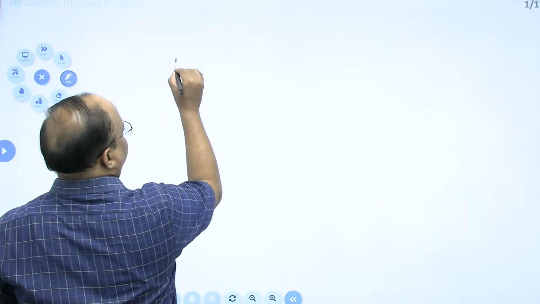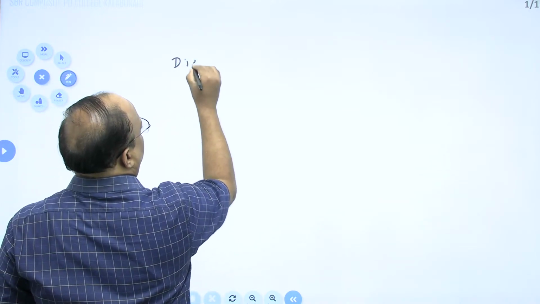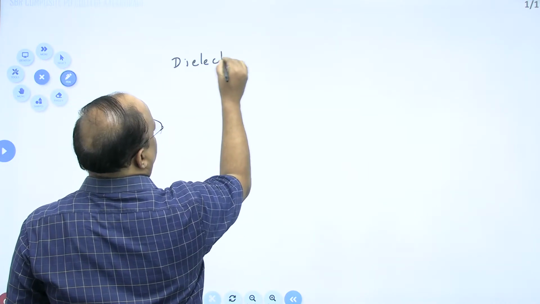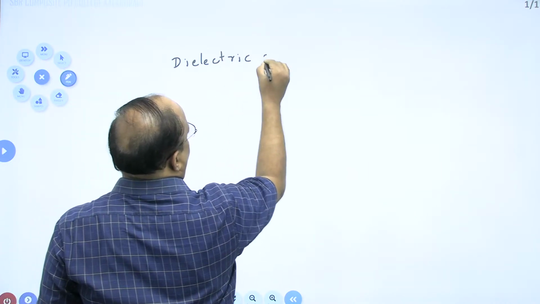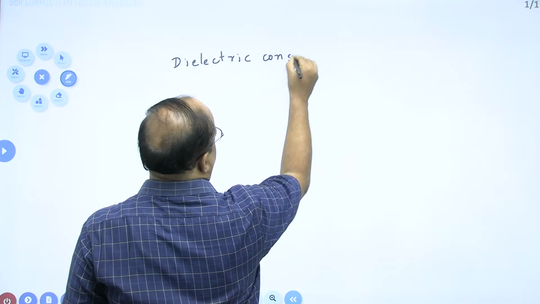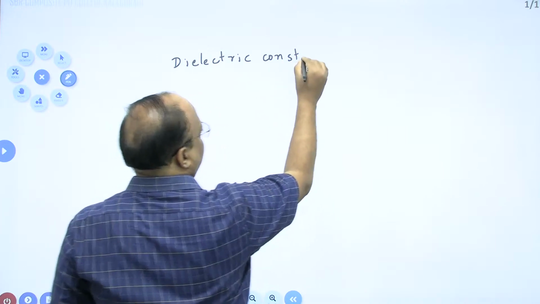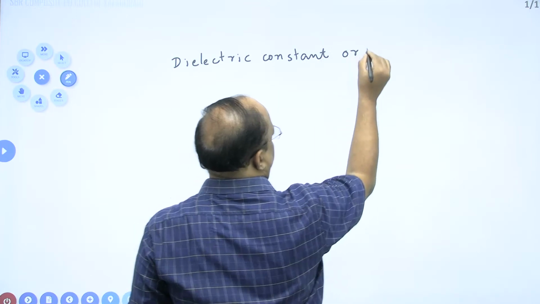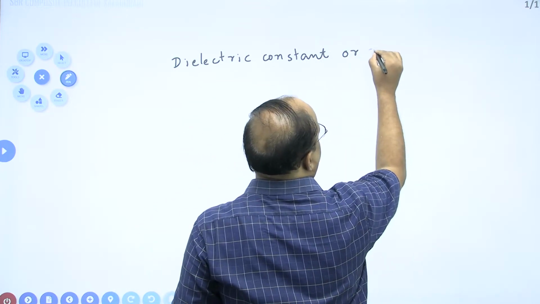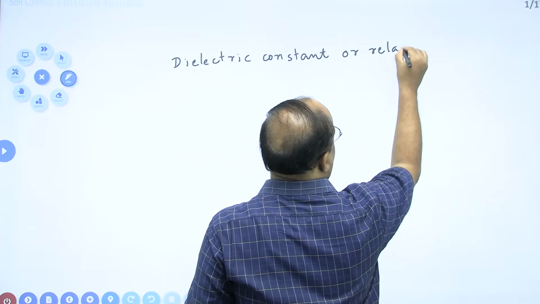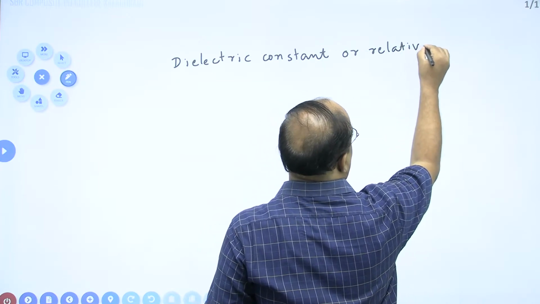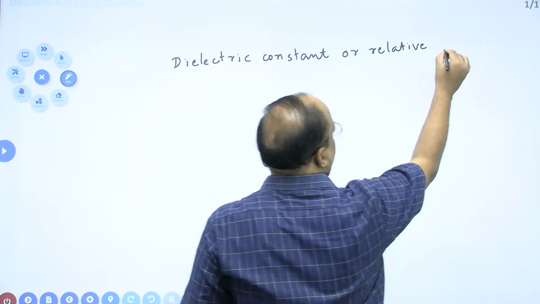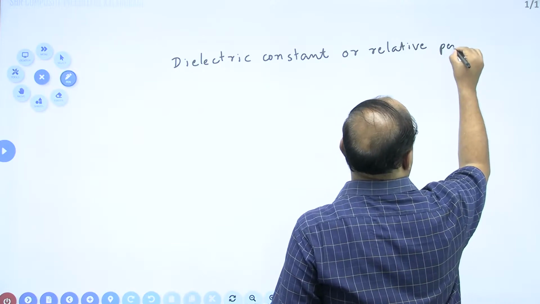So now dielectric constant, or it is also called as relative permittivity.